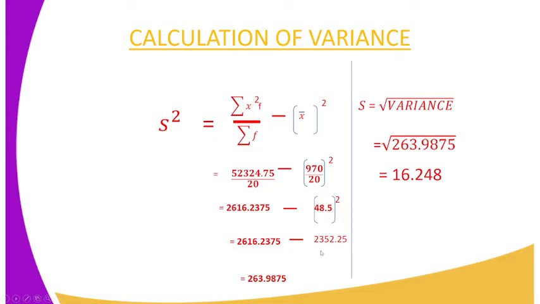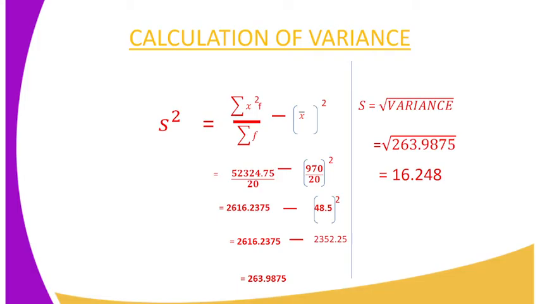The square of it becomes 2352.25. After subtracting this value from the first value, you get 263.9875. That is our variance.